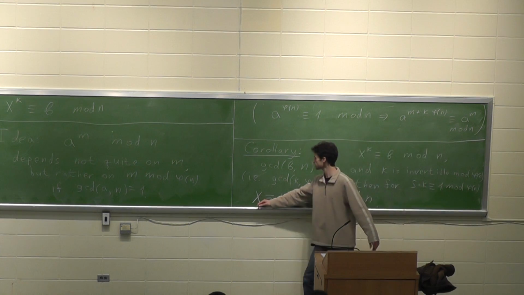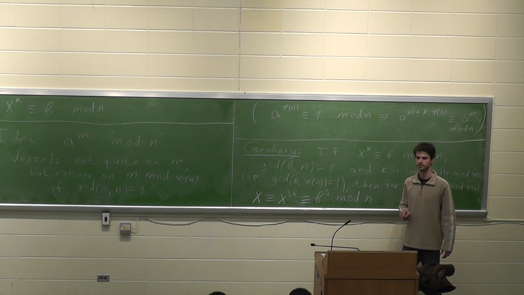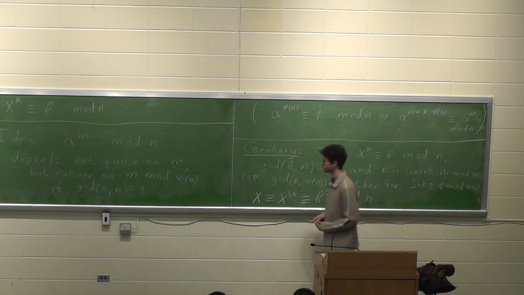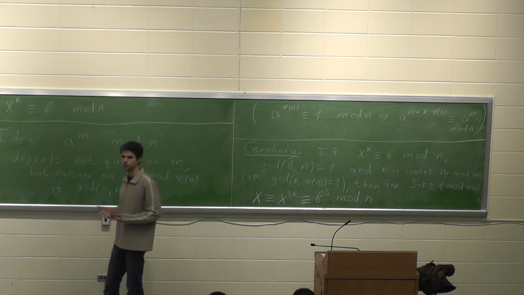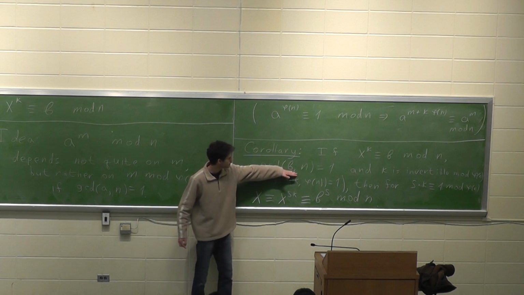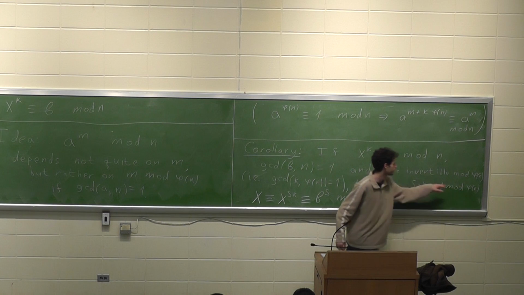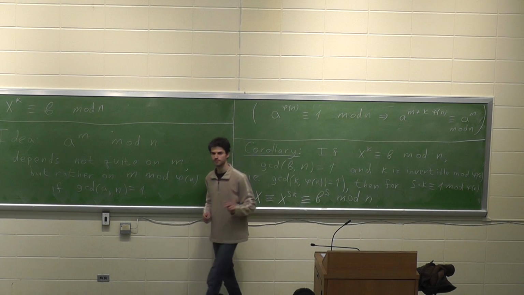And then to find x, you just raise b to this power 1 over k. The only conditions which should hold are this condition, and the other one, that 1 over k does exist modulo phi of n. So it's this condition.